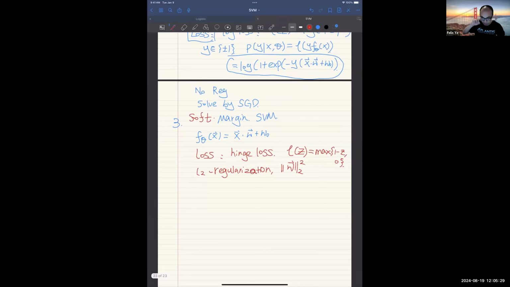To solve the soft margin, you can either solve the primal problem directly with SGD, or you can solve the dual problem with SMO.